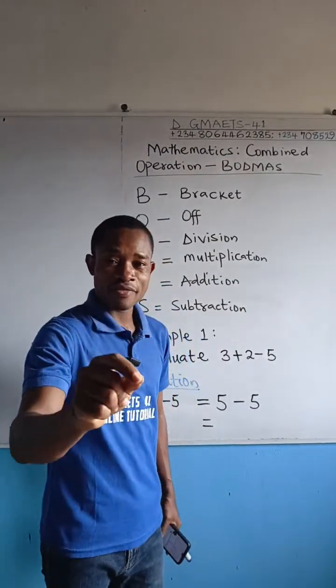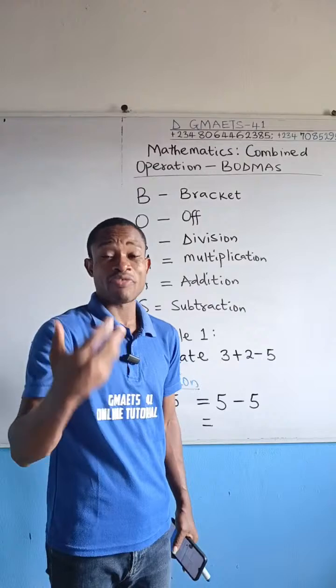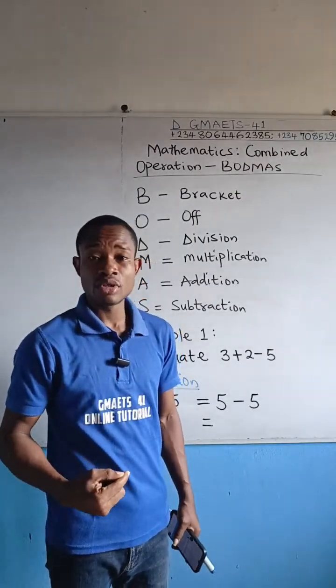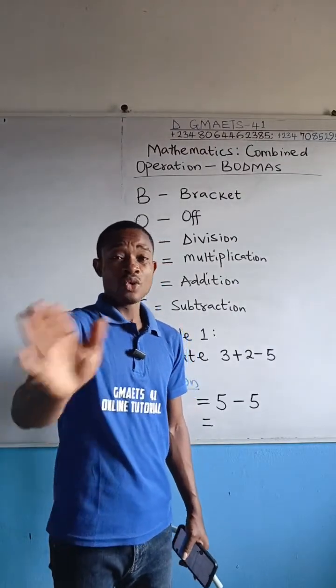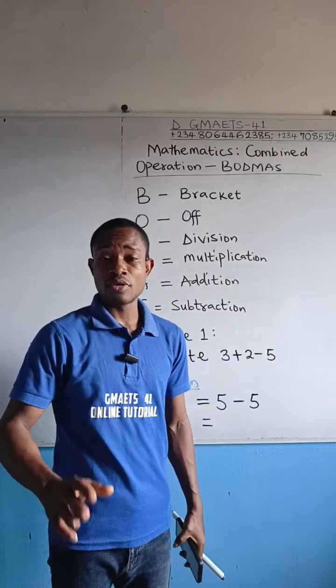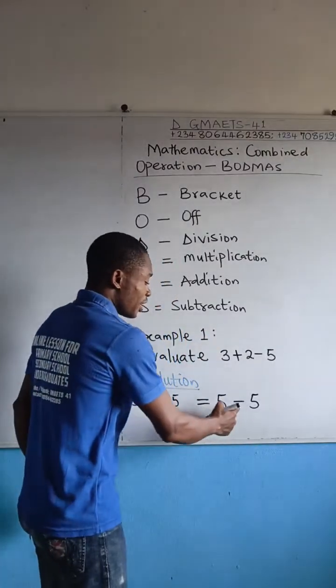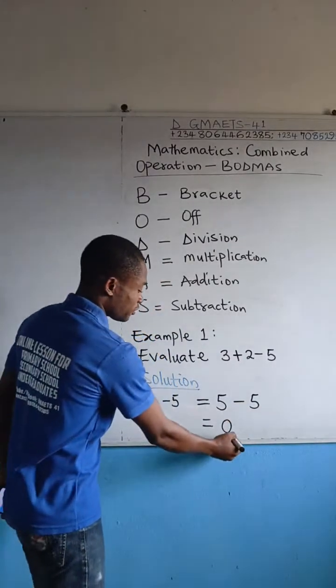Let's assume you have 5 oranges, but you are owing me 5 oranges. What would you do? You will give me all the 5 oranges you have, and then you will no longer have any orange with you. So you have nothing, 0. Meaning that 5 minus 5 is equal to 0. And we have solved this.